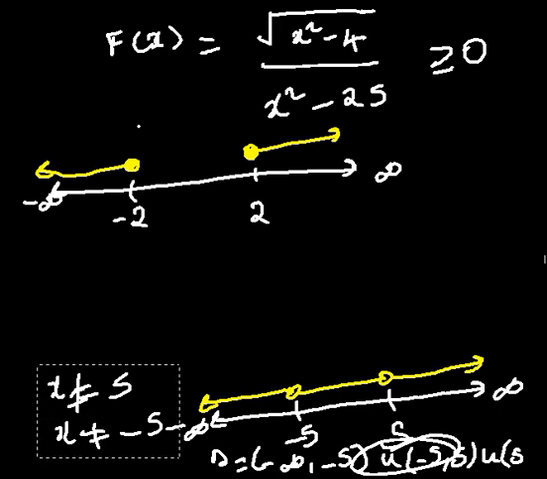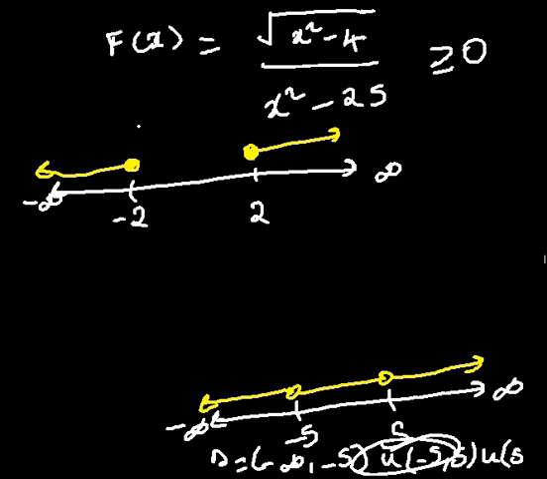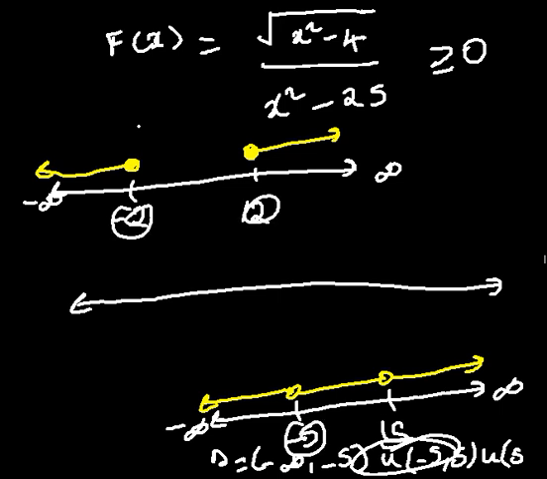And now let's present the grand number line, where we present the number lines of the domain of both cases, numerator as well as denominator. What are the values of interest? We have negative 2, positive 2, negative 5, positive 5.